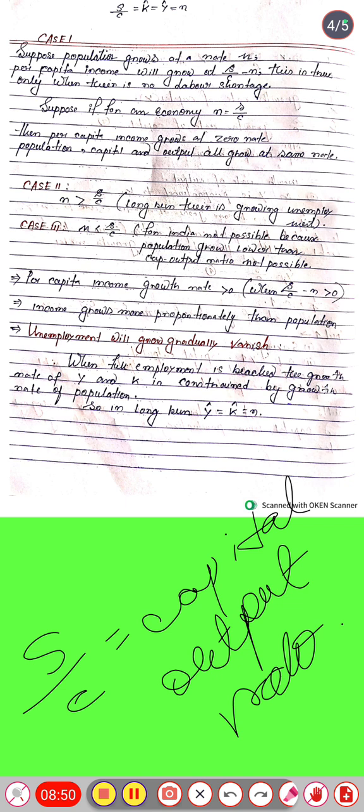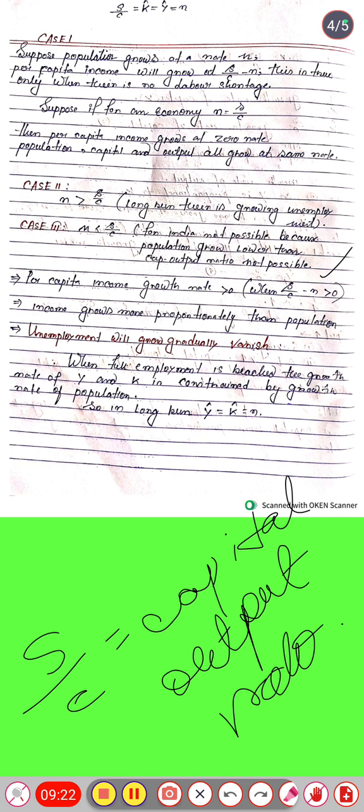Furthermore, per capita income growth rate is positive when s by c minus the growth rate of population is greater than 0. That means s by c is greater than n, from this line, and income grows more than proportionately to population, because s by c is more, so income will increase more than the population, so unemployment will gradually vanish.